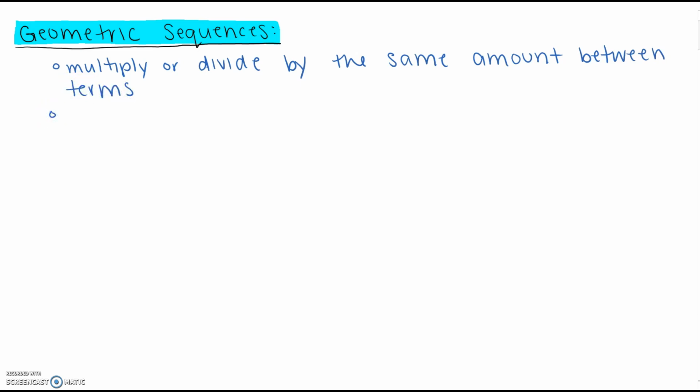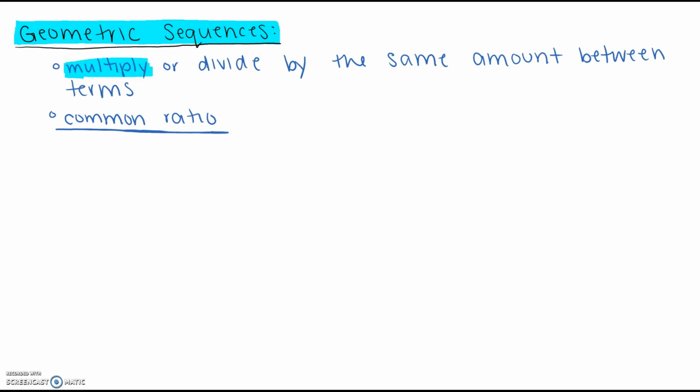So arithmetic adds and subtracts. Geometric, we multiply or divide. We have a common ratio. That's going to be important. And I should say we're going to multiply. Dividing you can think of as multiplying by a fraction.